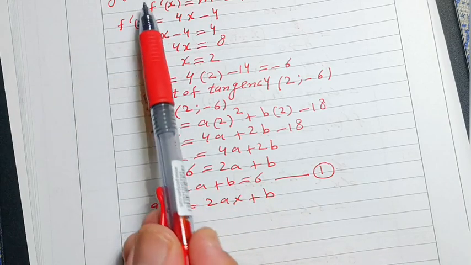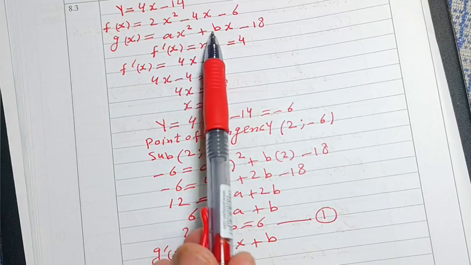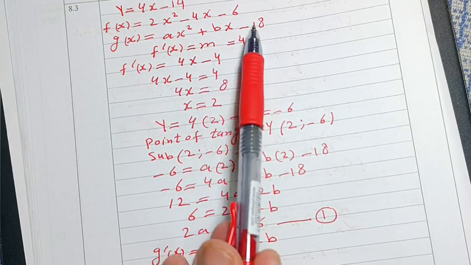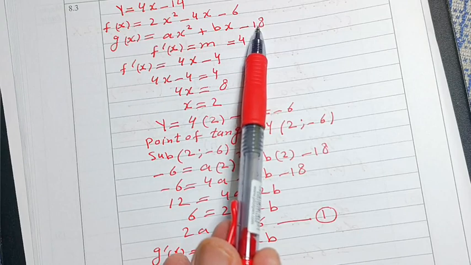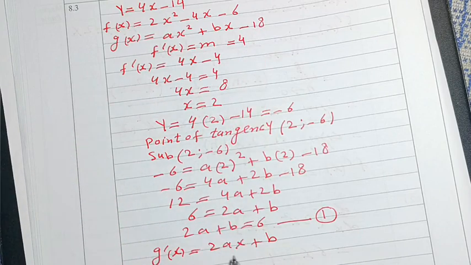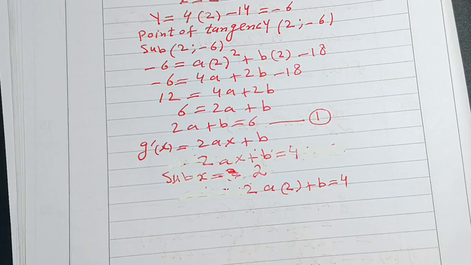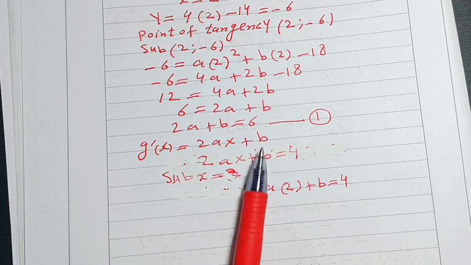I apply the derivative here: 2ax, the derivative of bx is b, and the derivative of a constant is 0. So the derivative of g of x is 2ax plus b.